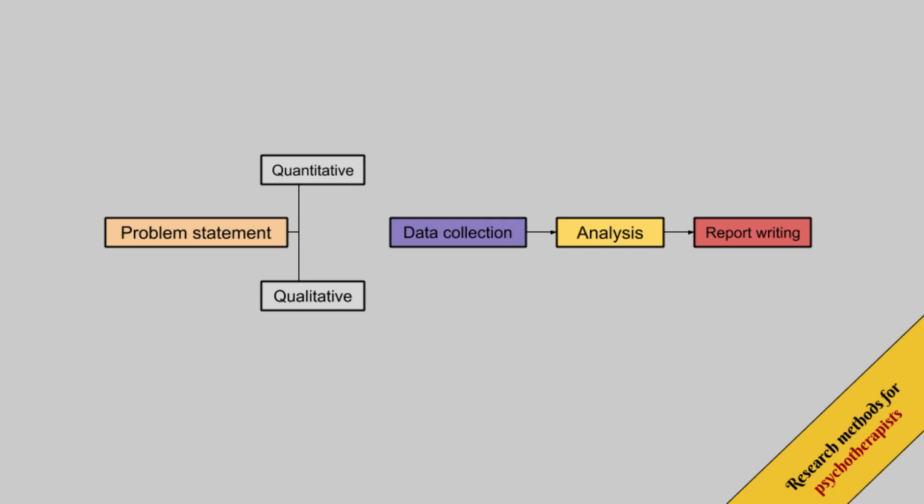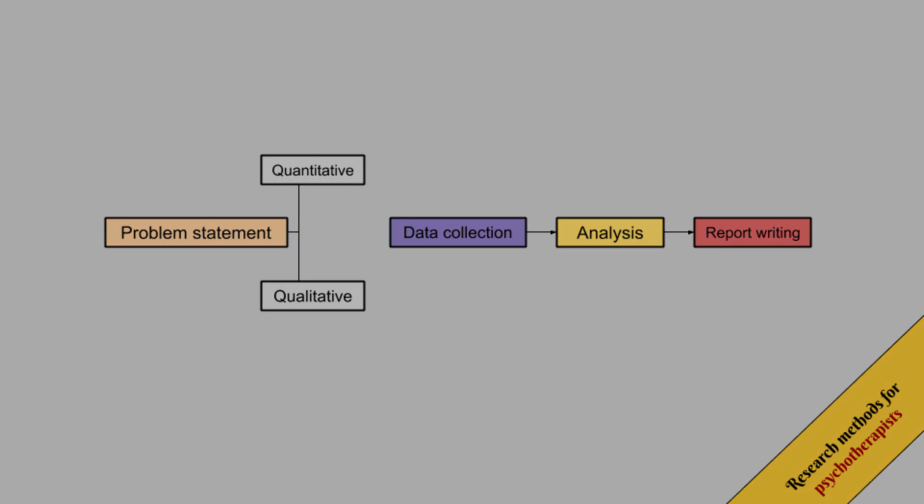Now, you can see that I've put in there quantitative and qualitative. That's really just to show that whether you choose quantitative or qualitative, it's the same research process. You're still going to have your data collection, your data analysis, and your report writing. Obviously, the elements that make up each one of those would be a little bit different depending upon whether you choose quantitative or qualitative methods.